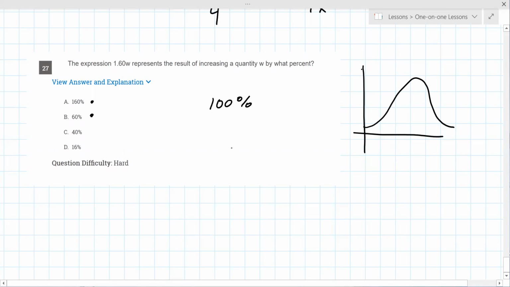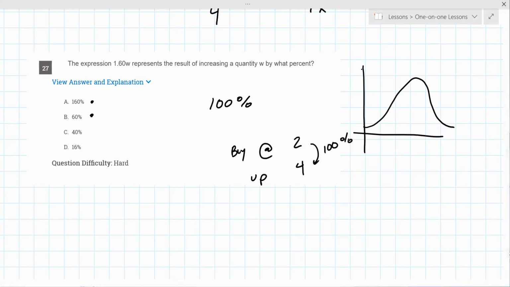So if you buy something at $2 and it goes up to $4, that's a 100% increase, because it's doubling. If you buy something at $3 and it goes up to $6, that's the same thing.